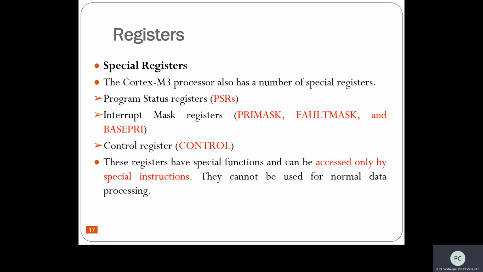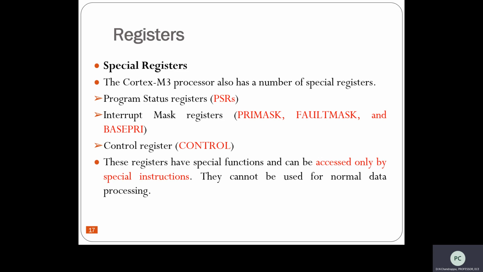So what is the use of special registers? The special register's role is very important in microcontrollers to perform specific operations. What kind of operation is it? For example, here we look into these three types of special registers.